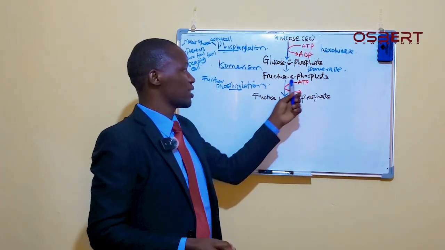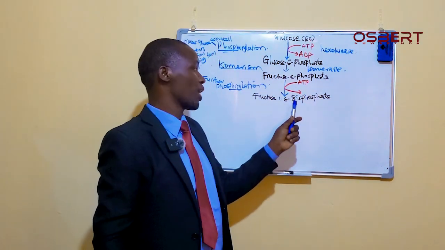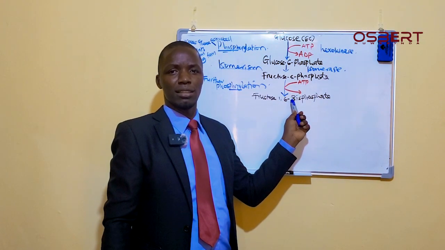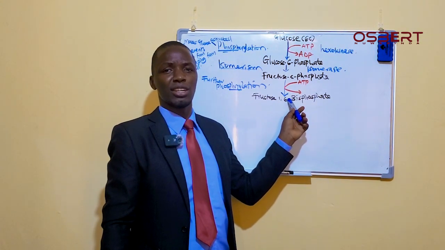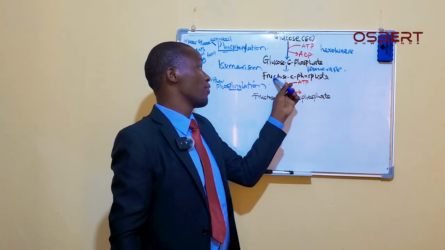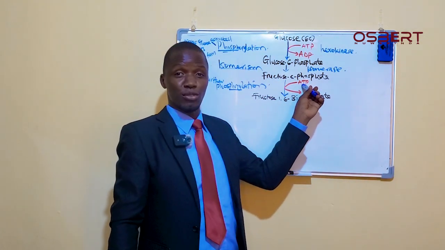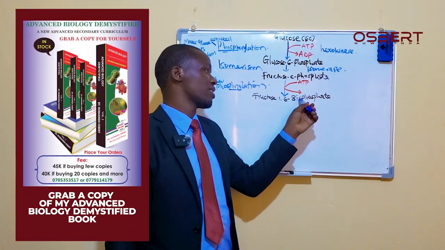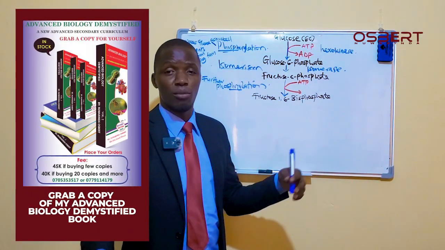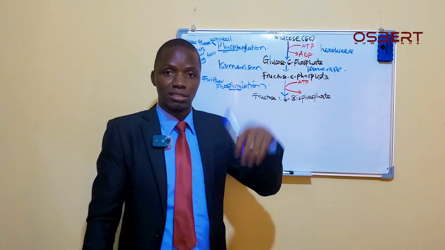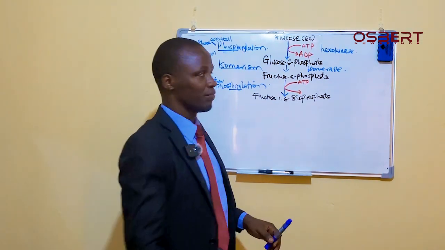And now when fructose 6-phosphate gets another phosphate, that's why we now have this bi coming in. Because we have fructose 6-phosphate, we are adding another phosphate from ATP, and therefore now we get fructose 1,6. Now the 1,6, when you go into the nomenclature, is just nomenclature. The biochemistry may not go into that detail.